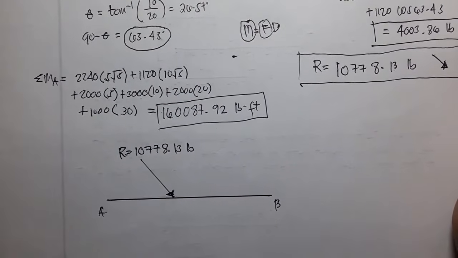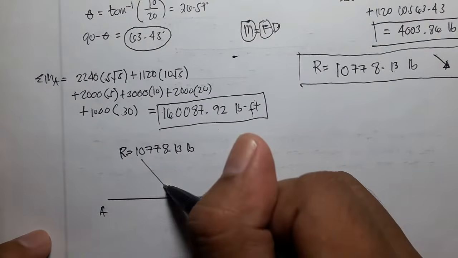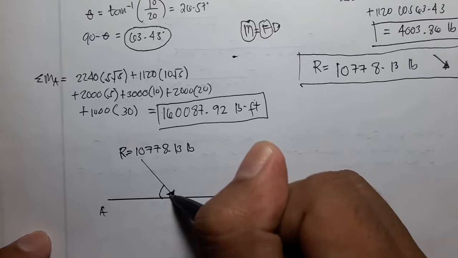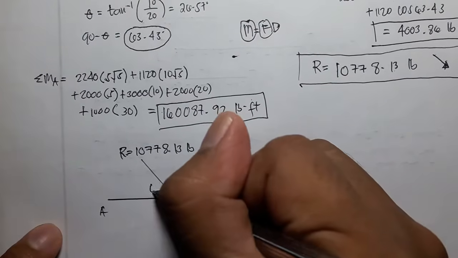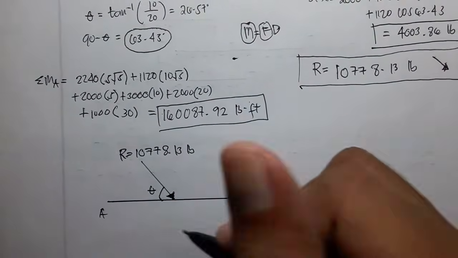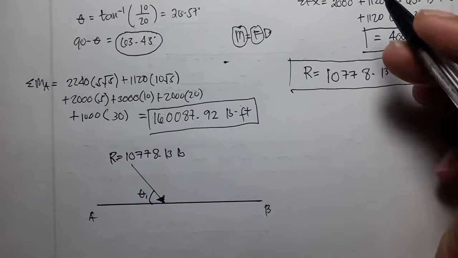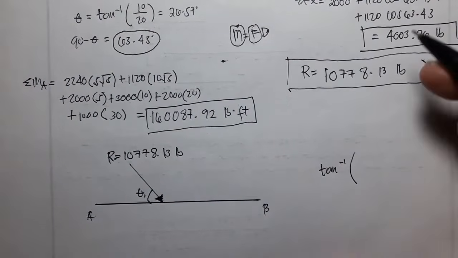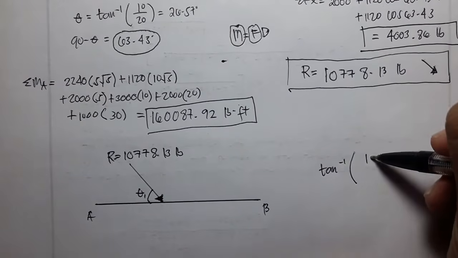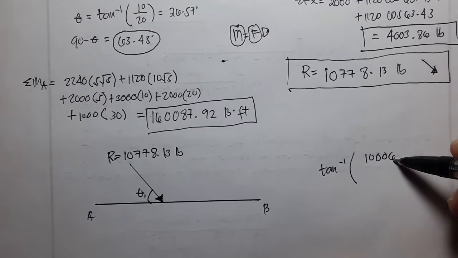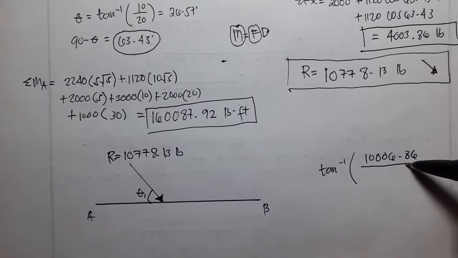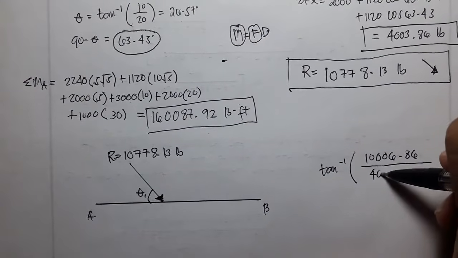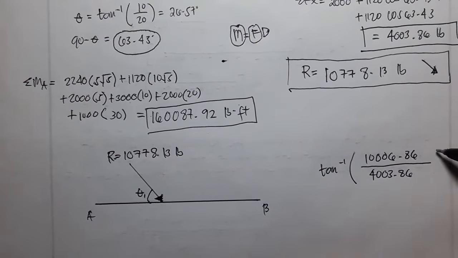So we would like to find the angle here. So theta 1 is just equal to the summation of forces y, 10.86, over the summation of forces x.